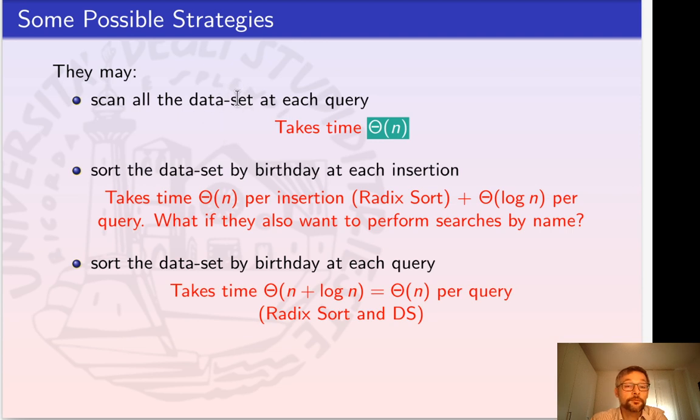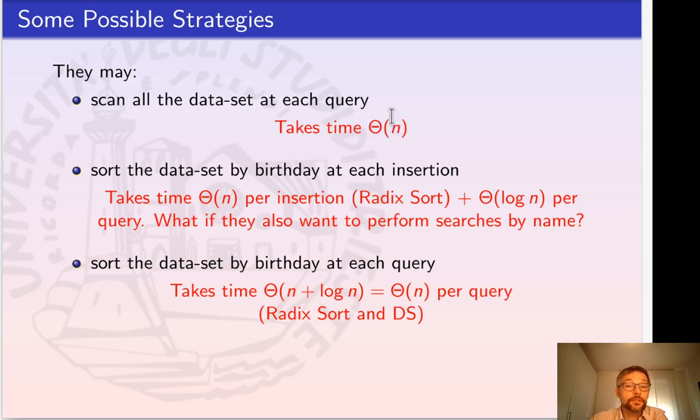And so you are forced to scan the whole dataset, even though you already found one person on the date you are querying the dataset. And that's why here I am reporting theta of n.